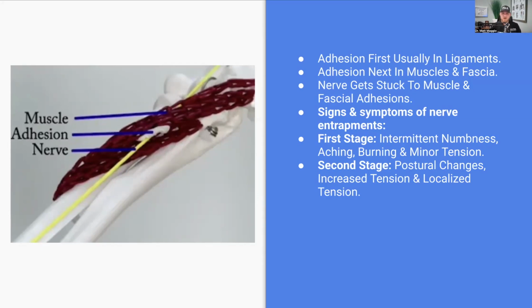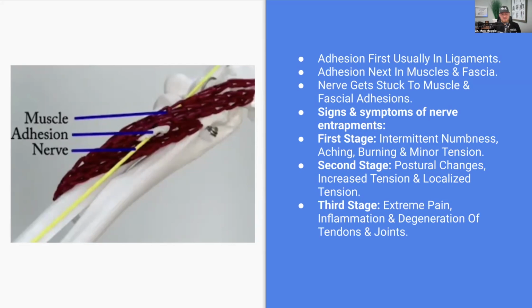There's going to be a lot more increased tension and localized tension as well, because now when that nerve is getting compromised more and more, it's going to create more tug and pull in that area. And then those muscles are going to constantly contract as well and engage in what I call protective tension to try to ease the area. And then that also creates more inflammation. So now they're starting to notice that a heck of a lot more. This might be a time when a client makes an appointment to see you because they're starting to actually notice those symptoms a lot more.